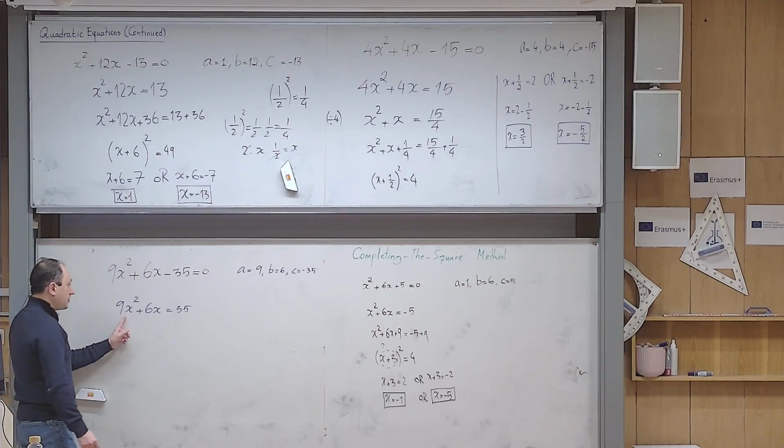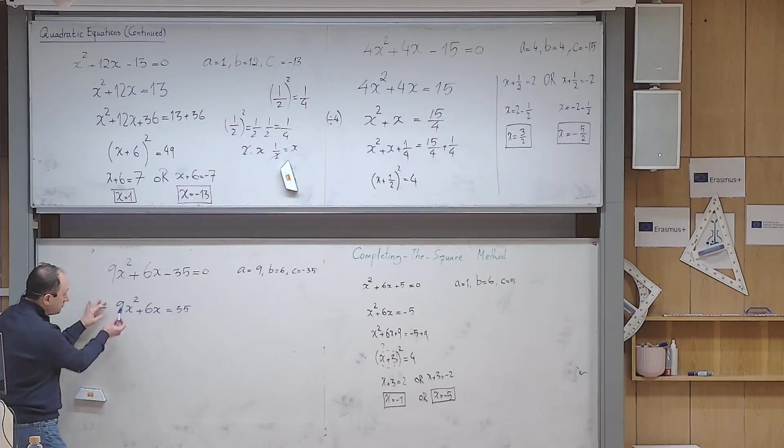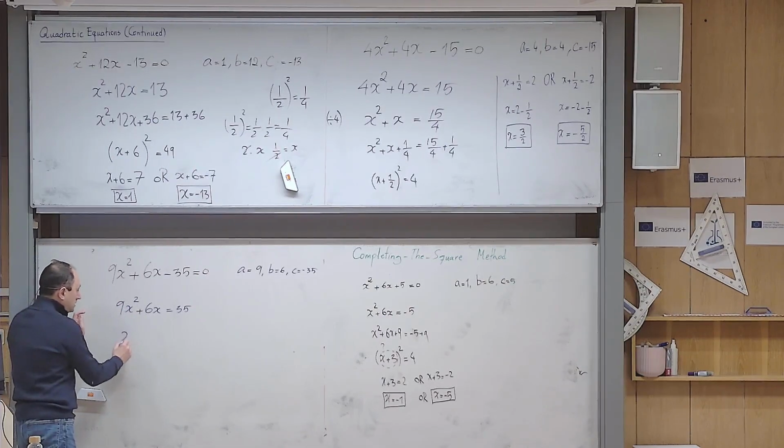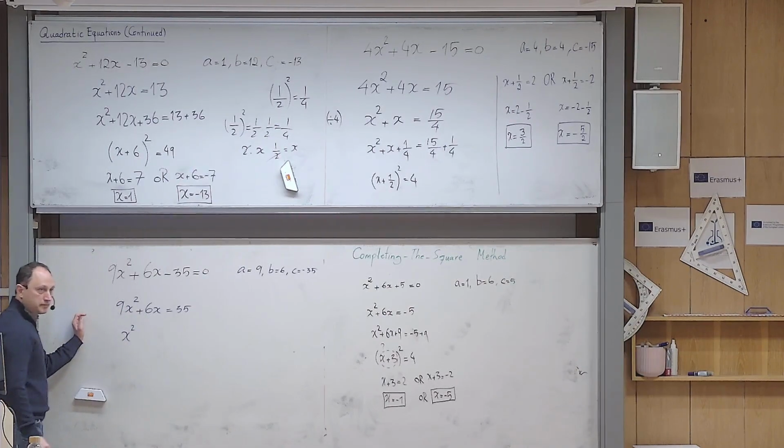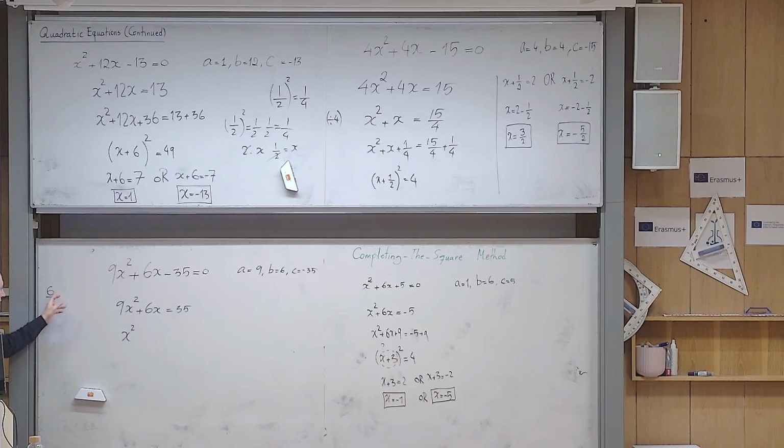If I divide this by 9, I have to divide by this number, whatever it is. When I divide by 9, this becomes x squared. Yes? This becomes 6 over 9. It's not hard, but you don't have to write it 6 over 9 because it can be simplified a little bit more: 2 over 3.